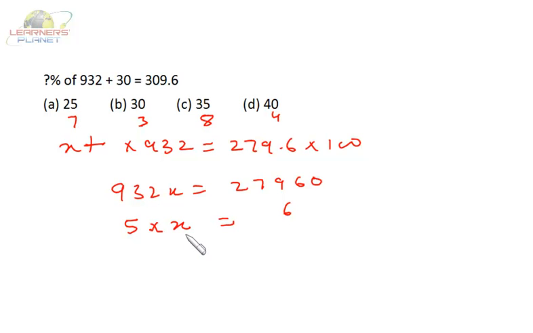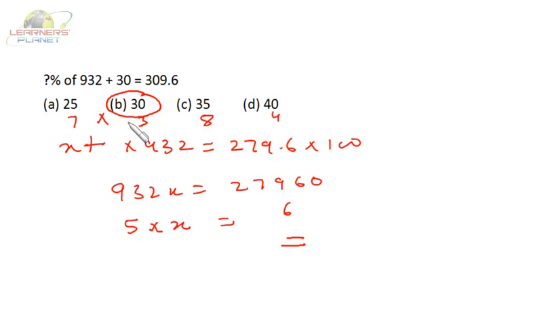The digital root is 8, which is not correct. Now let's take this. 5 into 3, 15. The digital root is 6. So definitely it matches with the right hand side. So 30 will be the correct choice. I hope you are clear. And you must be wondering how important the concept of digital root is and how helpful it is.